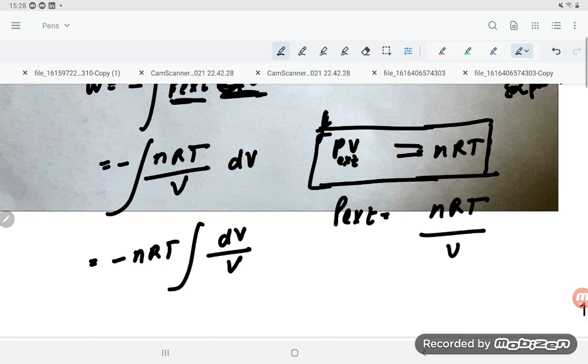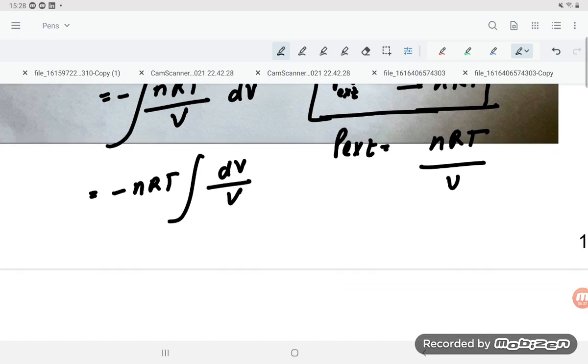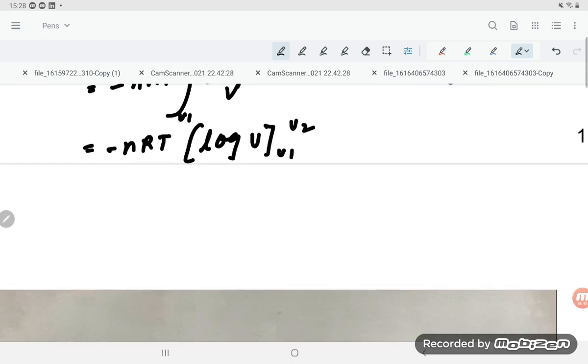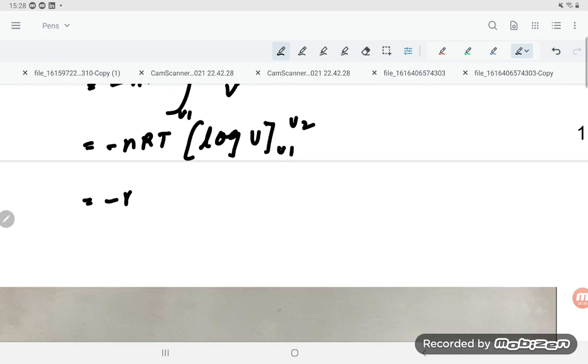If you integrate, remove the integration sign and you get log V, with this lower limit V1 and upper limit V2. So it is nRT times log V2 minus log V1.